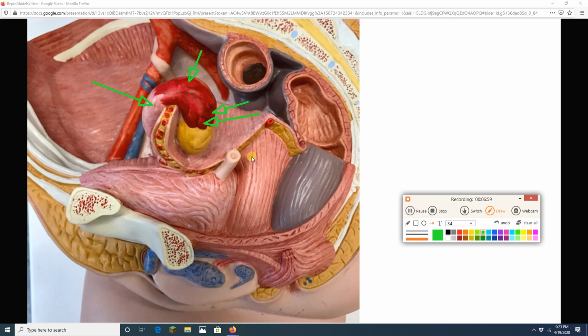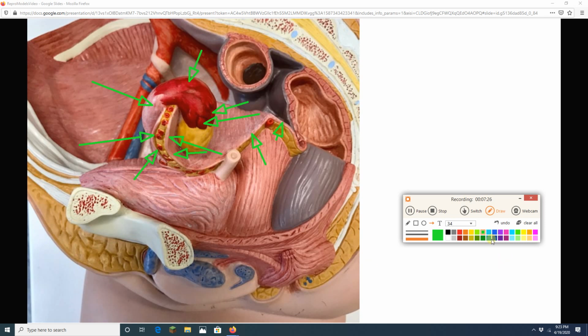All right, what other reproductive things do we see? We see what is basically the mesentery of the uterus and the fallopian tubes and the ovaries. And that guy that I just put 4 arrows on is the broad ligament, because it extends widely in a lateral direction. We see it over here as well, the broad ligament.